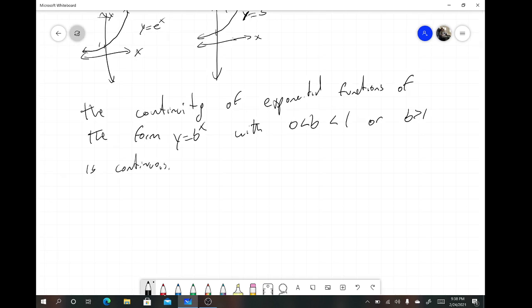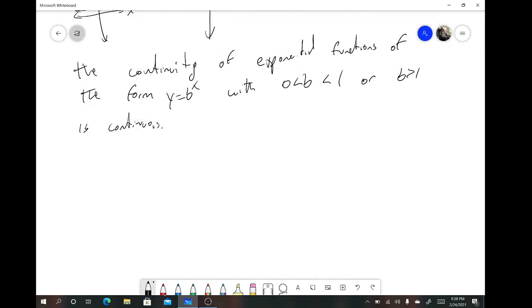Now, this is going to be a little bit trickier, and we will not actually be able to prove this in this class. But x here, this x that we use as an exponent, for this class I'm going to assume that it's a fraction of the form a over b, where b is not equal to 0, or it's an integer or a constant. Now, it actually gets very tricky to show that exponential functions raised to an irrational number are continuous.